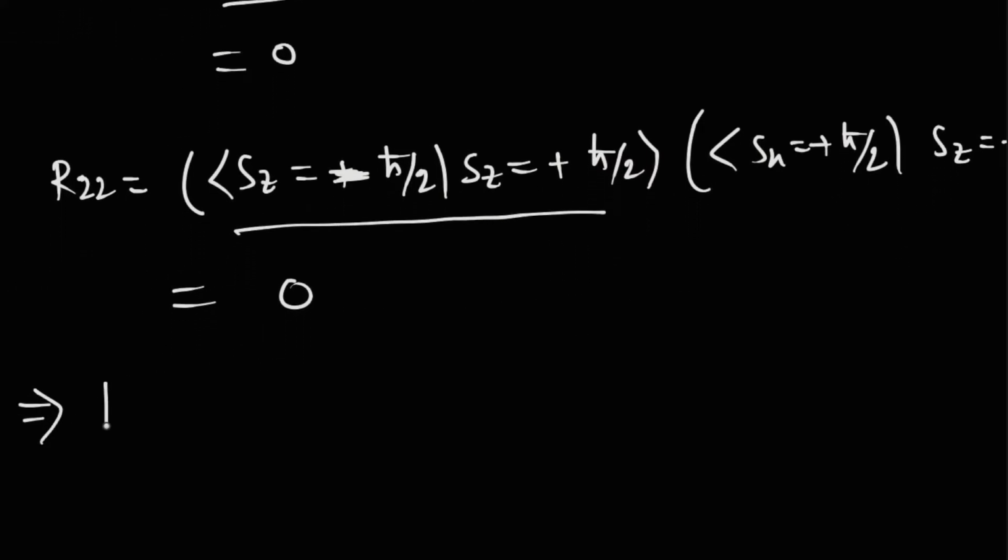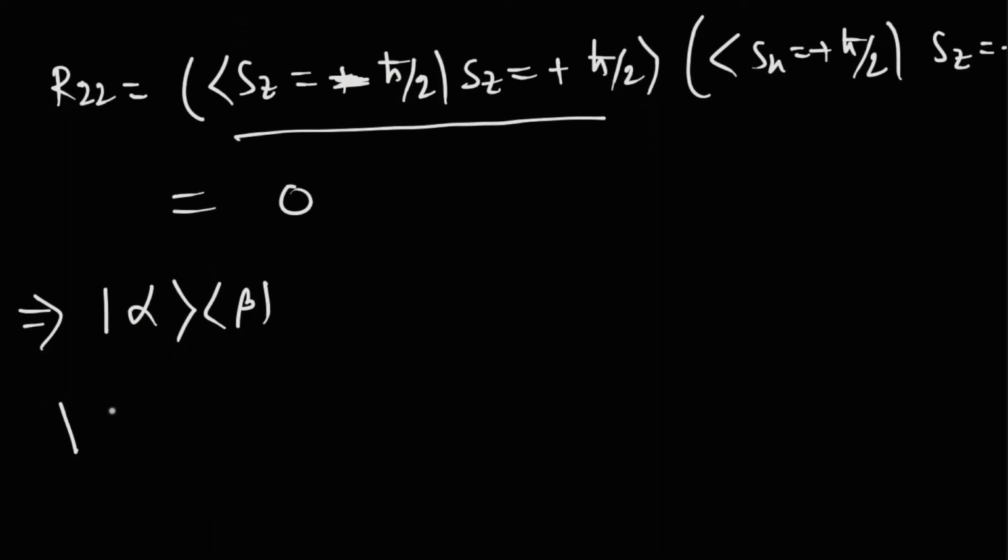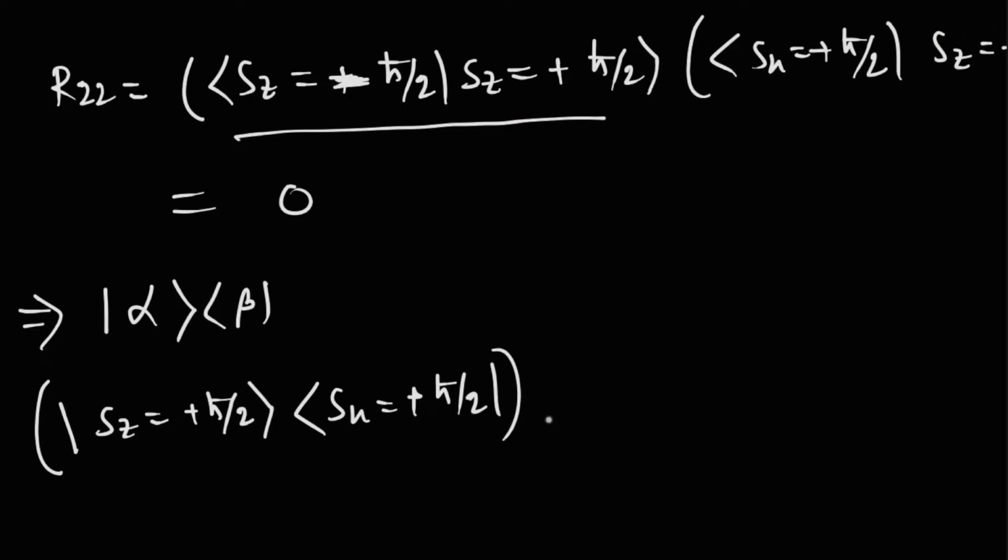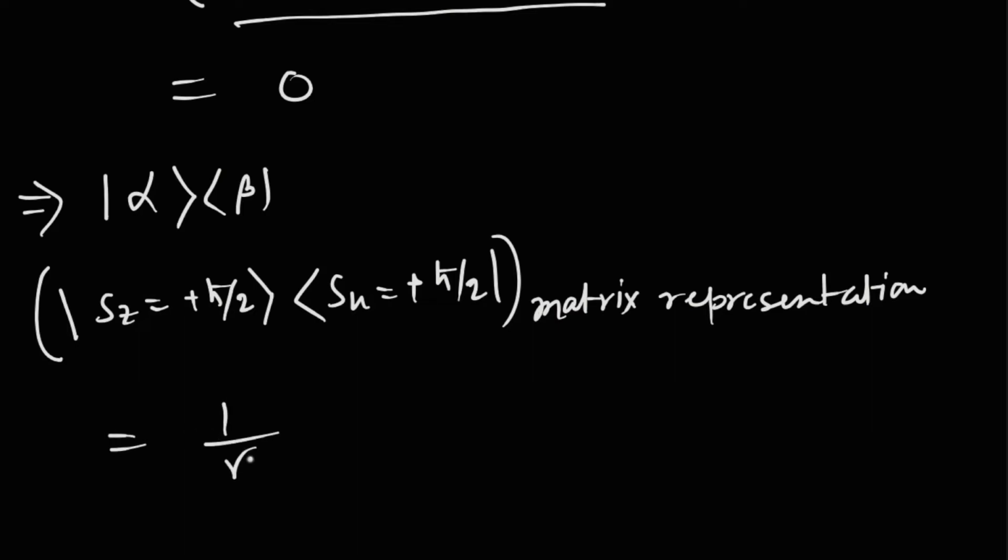Then in the matrix form, alpha beta, that means Sz equal to plus h cut by 2 and Sx equal to plus h cut by 2 in the matrix representation, will look like 1 by root 2 times the matrix with R11 equal to 1, R12 equal to 1, R21 equal to 0, R22 equal to 0.